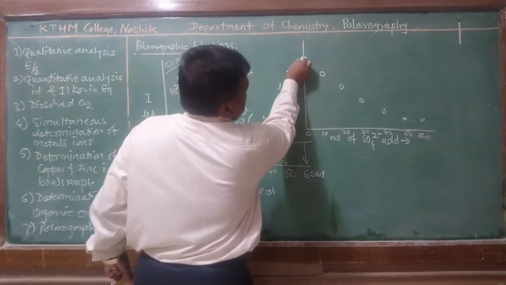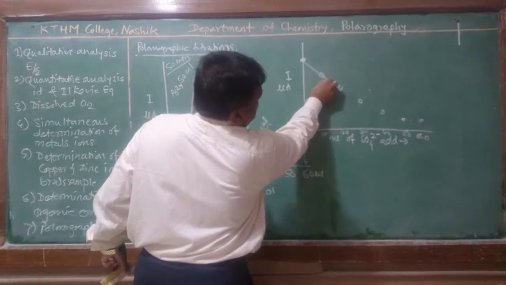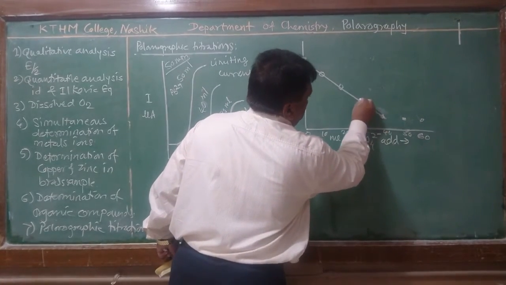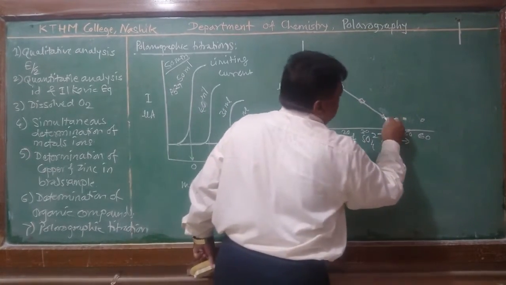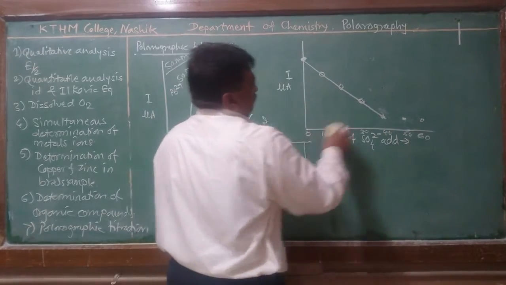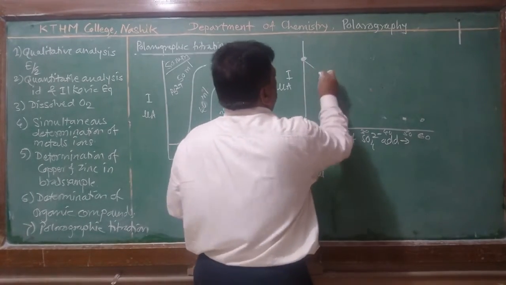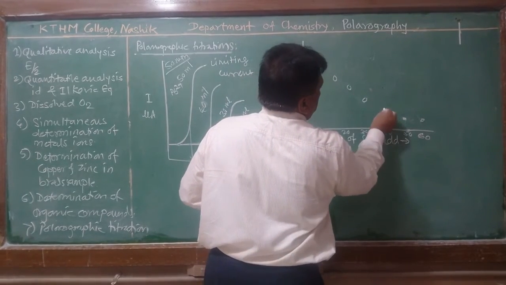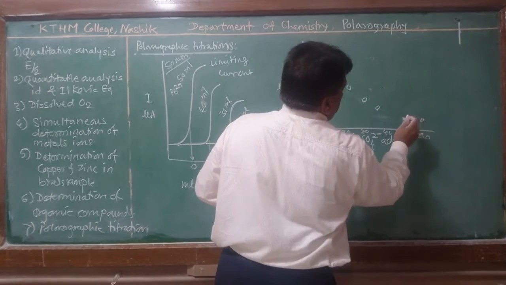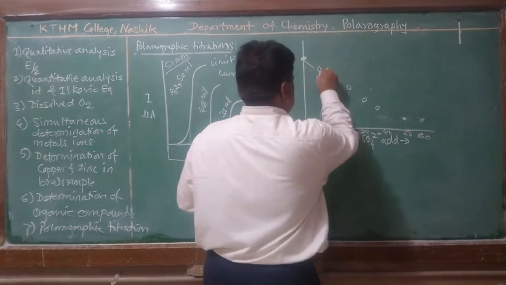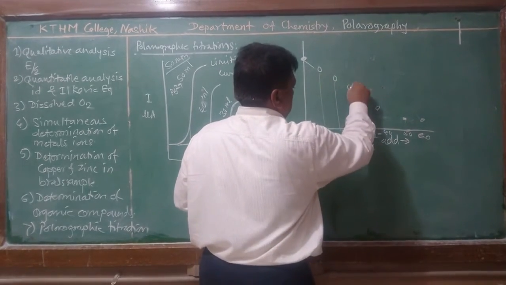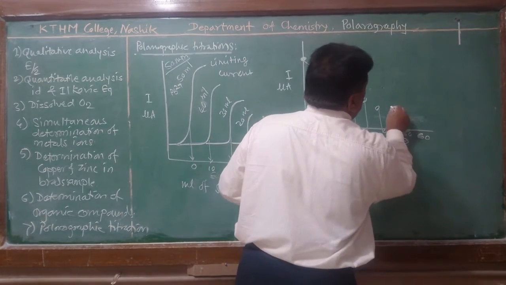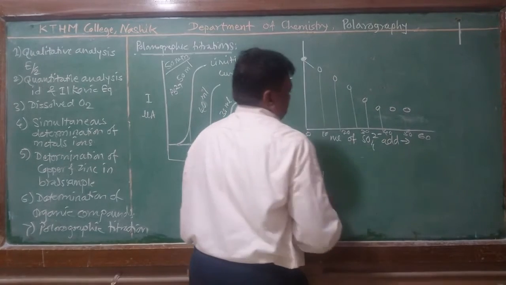Therefore, here the diffusion current or limiting current decreases, and it reaches this for 10, 20, 30, 40, 50, and after 50 it is constant.